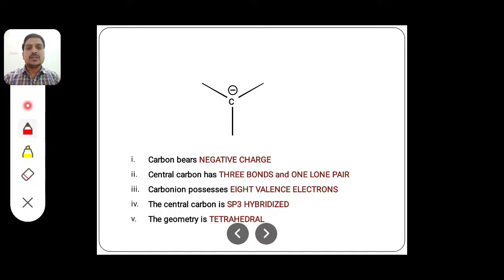There are 8 electrons, 4 pairs of electrons around carbon. Out of those 4 pairs, 3 are bonding pairs, and 1 is a lone pair, an unshared pair of electrons. Carbanion possesses 8 electrons in its valence shell. Central carbon is sp3 hybridized as already discussed, and its geometry is tetrahedral.